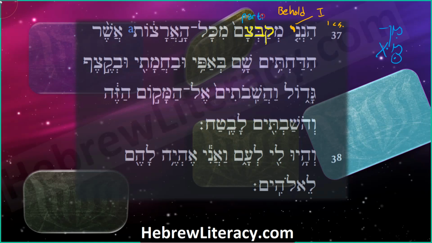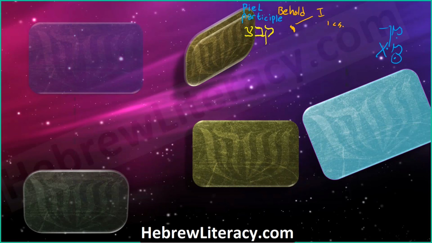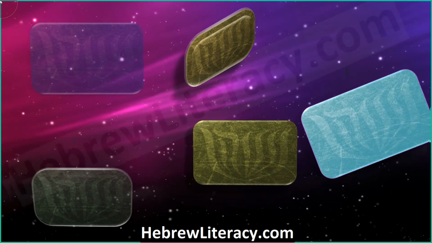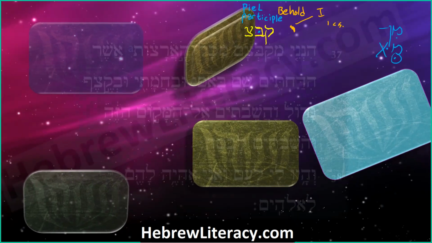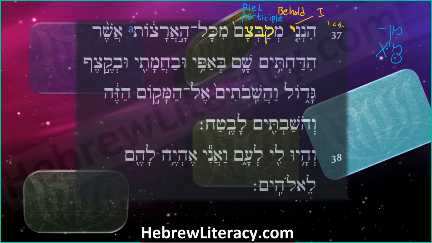Very good. And what was the binyan? PL. Excellent. How did you know it was PL? Because of the dagesh at the second letter. That's right. There's a dagesh right here. Good. So everybody understands?